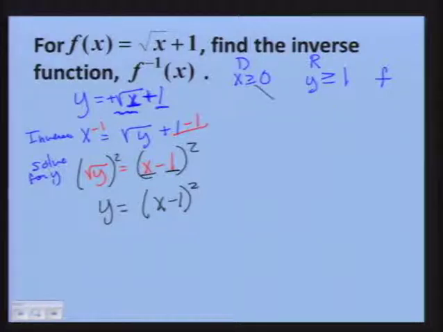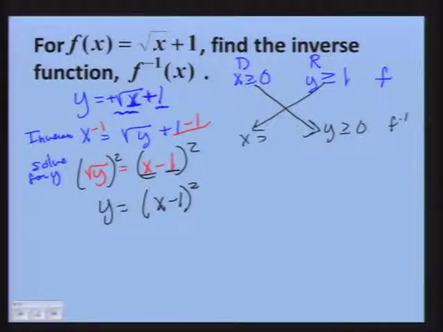And when I got the inverse, the domain of the function f switched to become the range of f inverse, so y is greater than or equal to 0 for f inverse, and x is greater than or equal to 1 for the domain of f inverse.